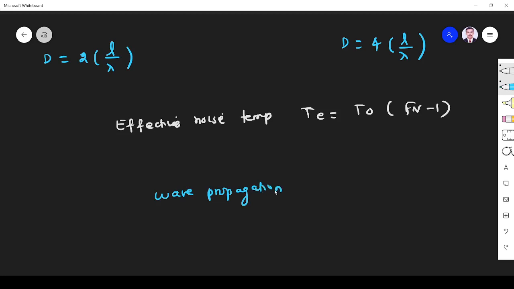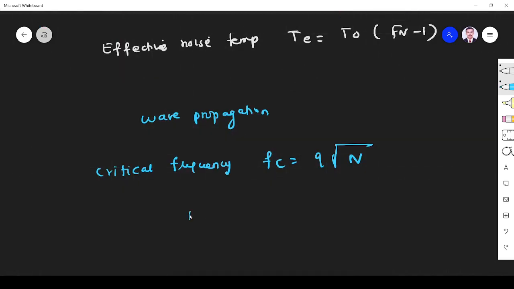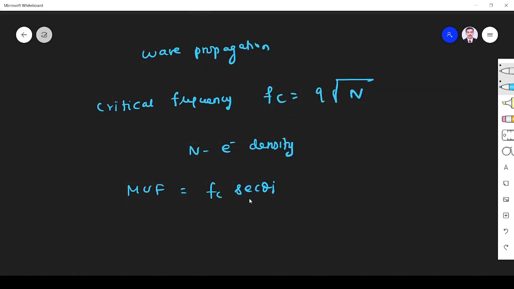In wave propagation, we have to know what is critical frequency. That formula is very, very important. Critical frequency Fc is given by 9 root N, where N is the electron density. Then we should know about maximum usable frequency, that is given by Fc secant theta i, where Fc is the critical frequency, right?